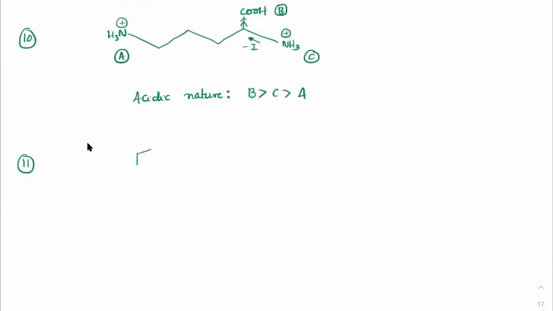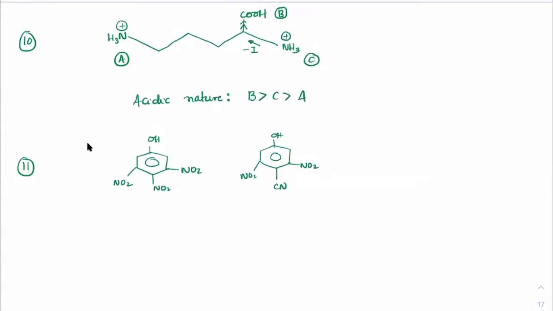See one more question. Suppose if you have OH and given this as NO2 and NO2 here, and that we are comparing with OH with NO2 here with cyanide CN.